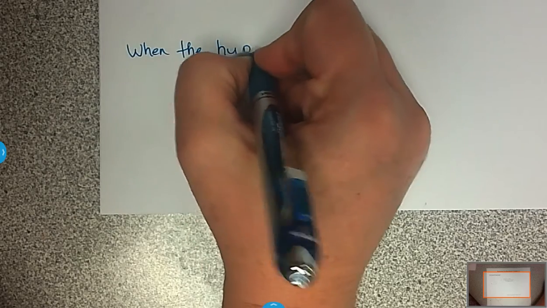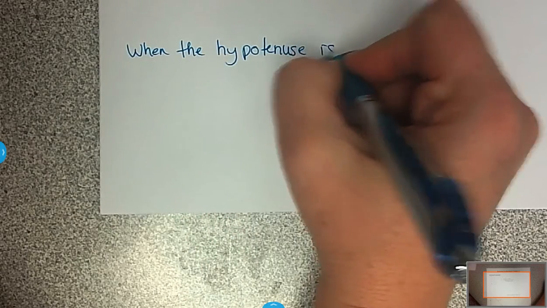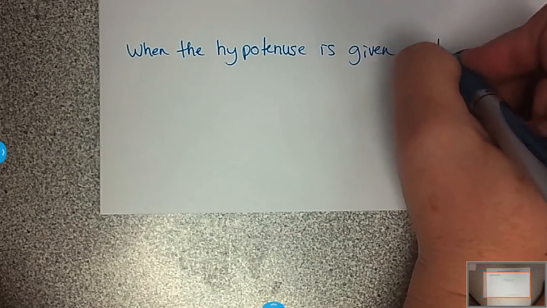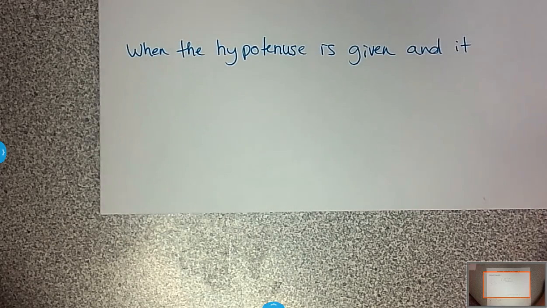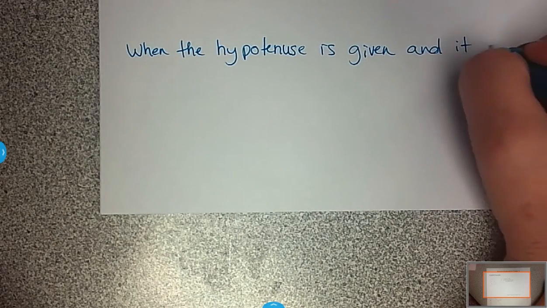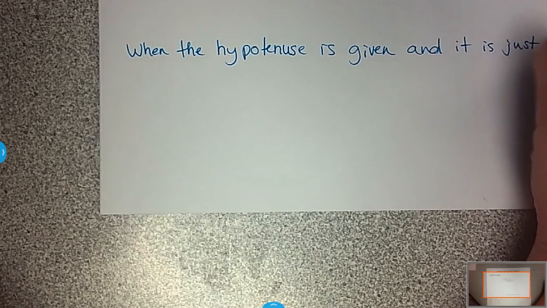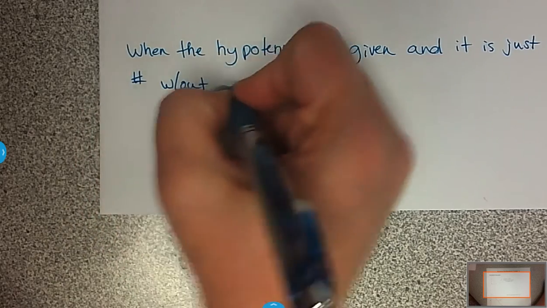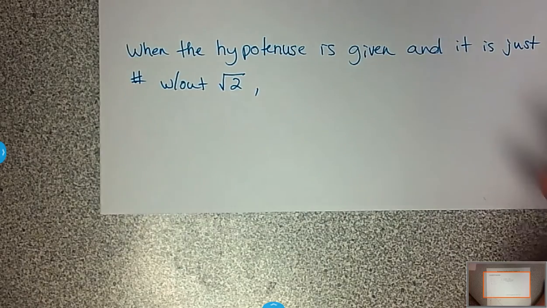When the hypotenuse is given, and it does not have a square root of 2, or it's just a number, without the square root of 2, here's my shortcut.